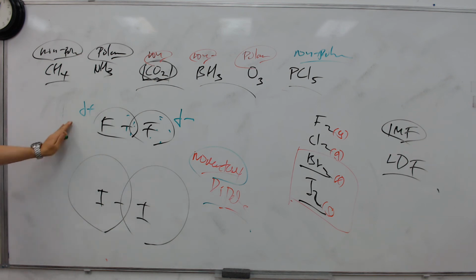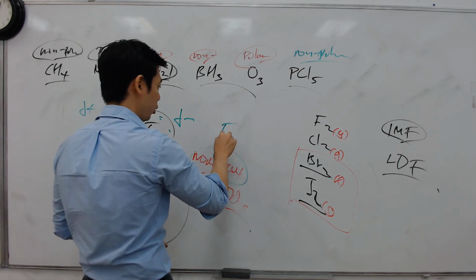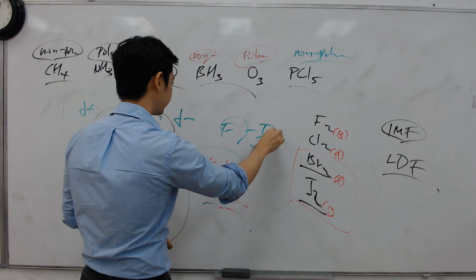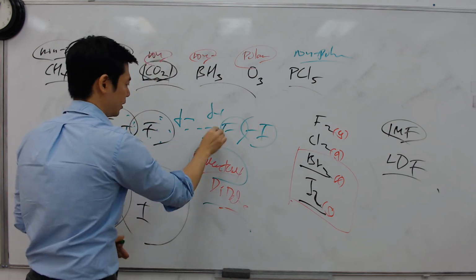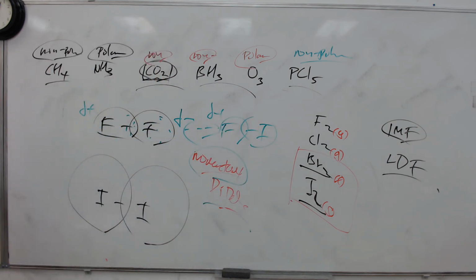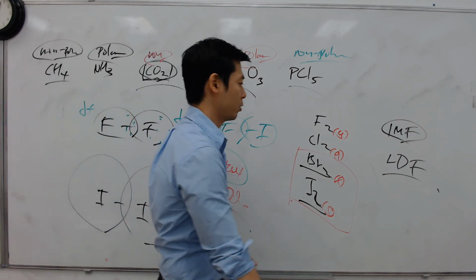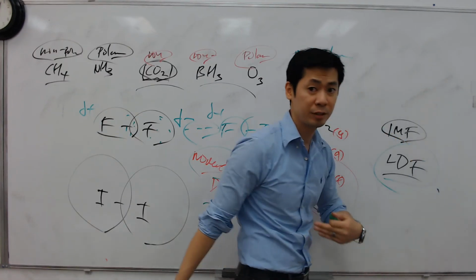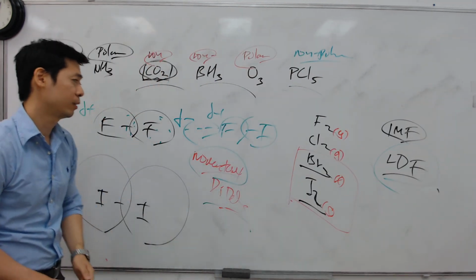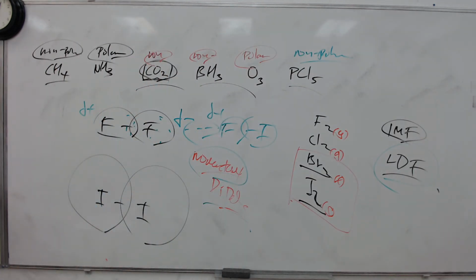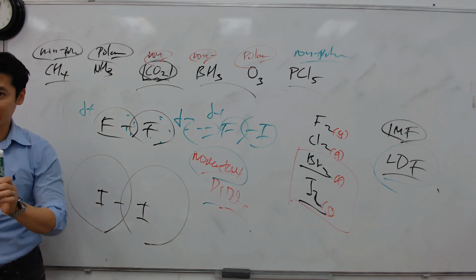If the neighboring molecule does something similar, they will attract based on the momentary dipole. That's what they call LDF, London dispersion force. One thing to understand, guys, is this.